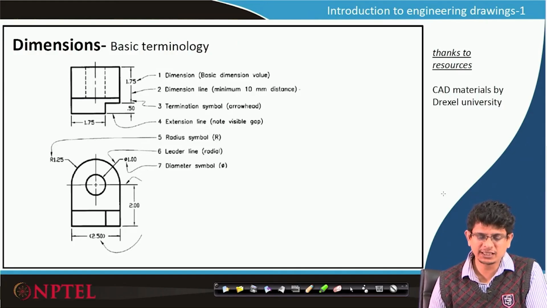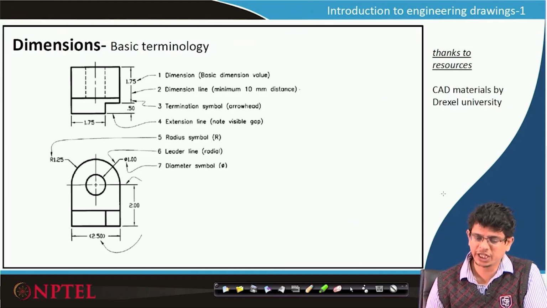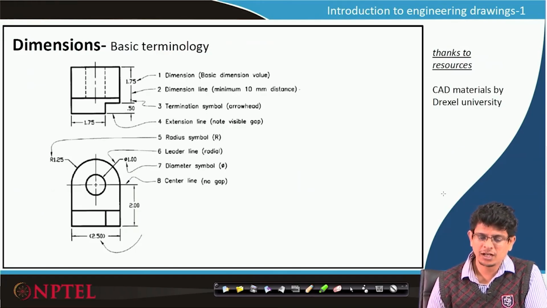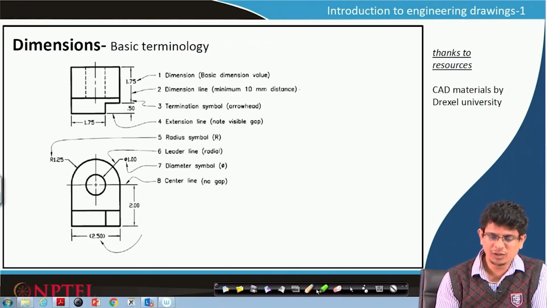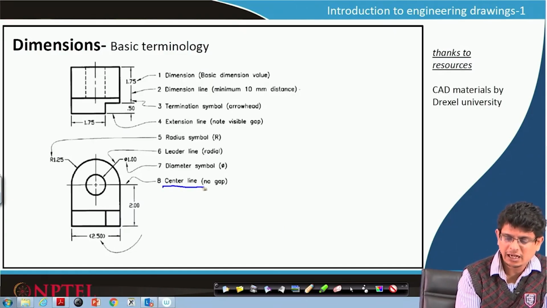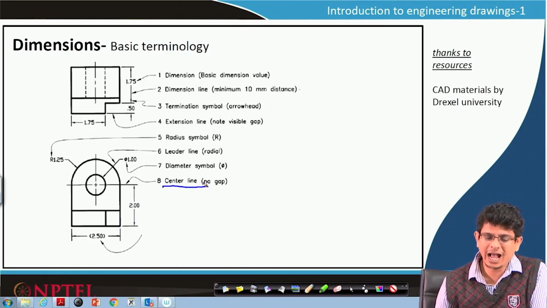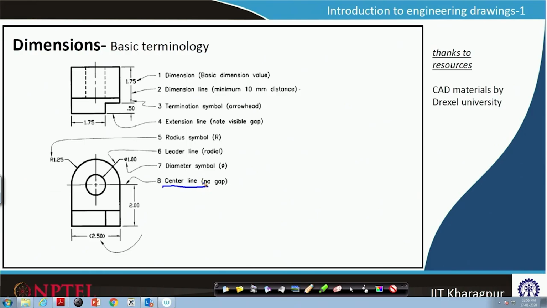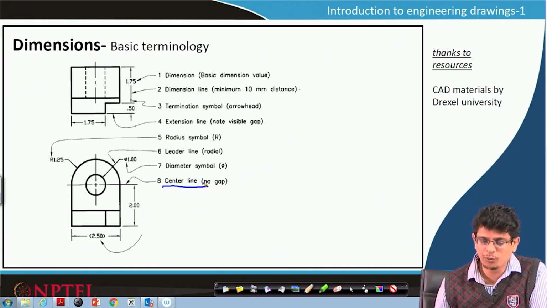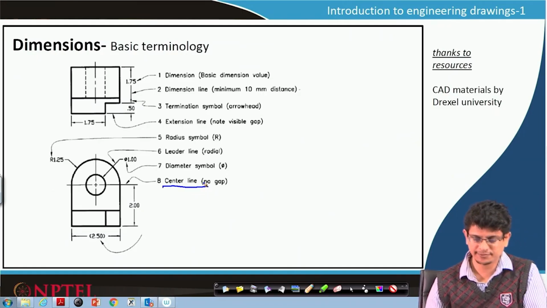So, whenever diameter symbol has to be used, usually we go with phi, Greek letter, and whenever it is radius, we go with capital R. There is one more line called center line. Whenever we have cylindrical objects and we would like to show about that axis, we go with these center lines.